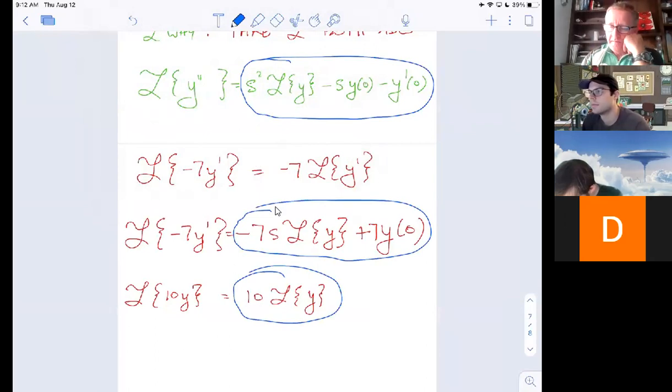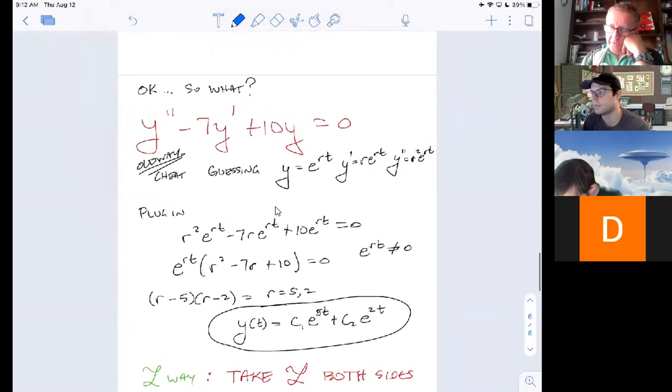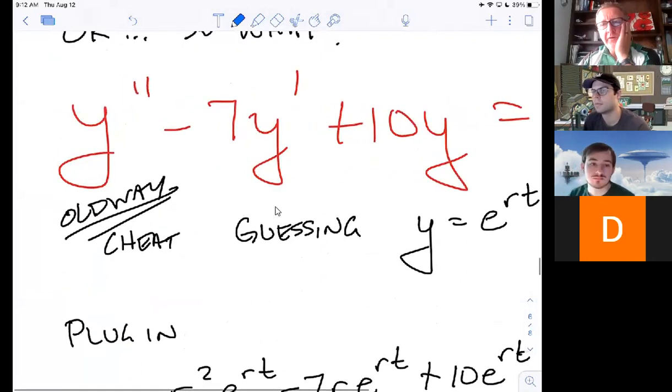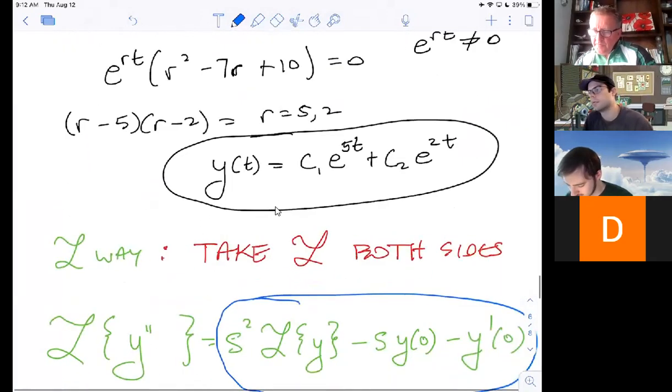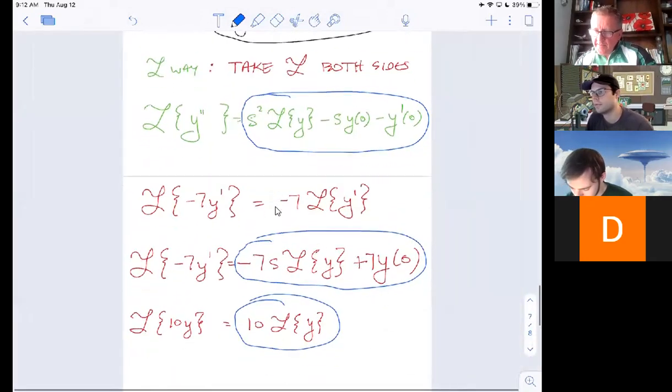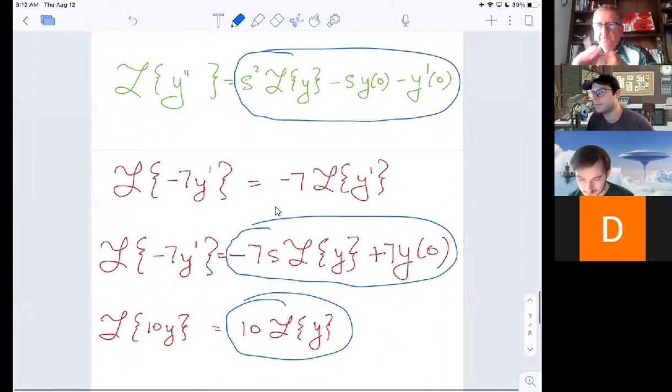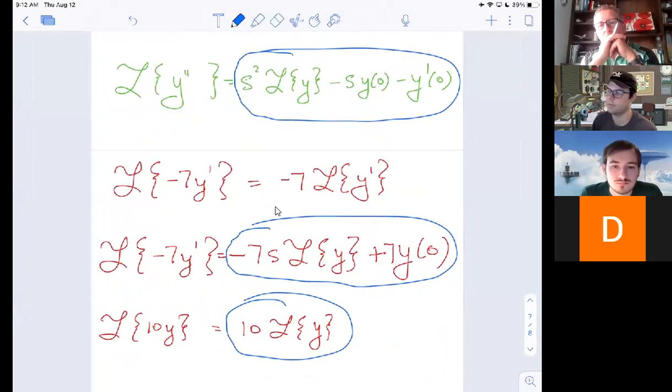That's kind of cool. Remember what happened before when we were trying to add this? We said, well, you can't add those. That's y double prime, y prime, and y. Those are different animals. But what do you notice the Laplace transform did? You still have ugly animals, duck-billed platypuses, but there's only one now: the Laplace transform of y.